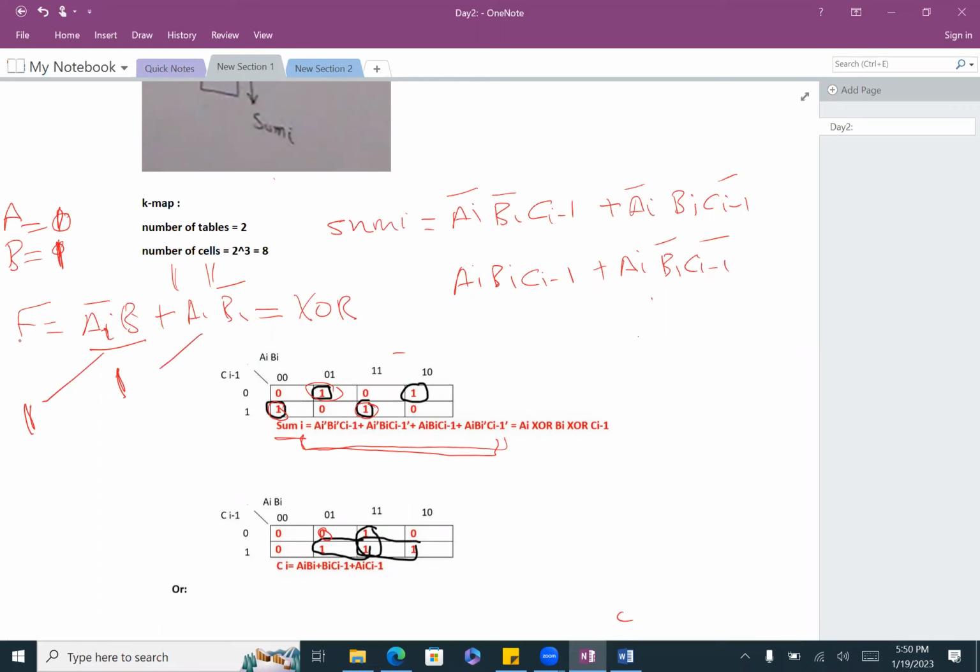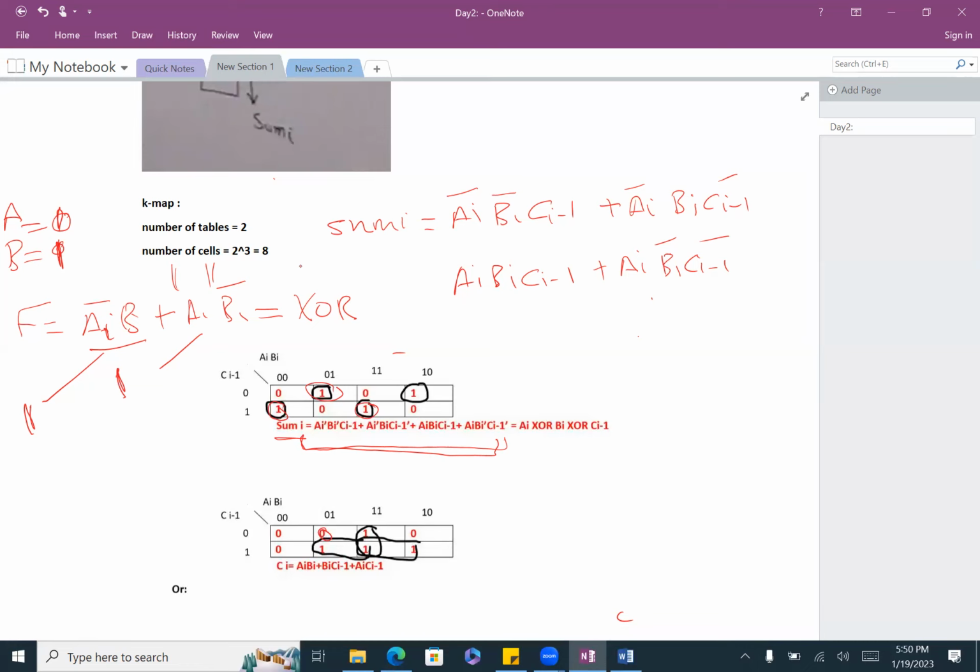When you AND anything with 0, the result will be 0. So that's why for the XOR, one of them has to be 1. If both of them are 1s or both of them are 0s, the result will be 0. The only case the output will be 1 is if one of the inputs is 1 and the other is 0. That's what they call XOR.